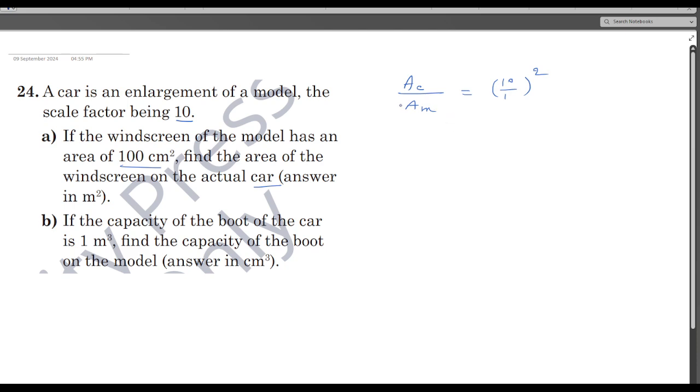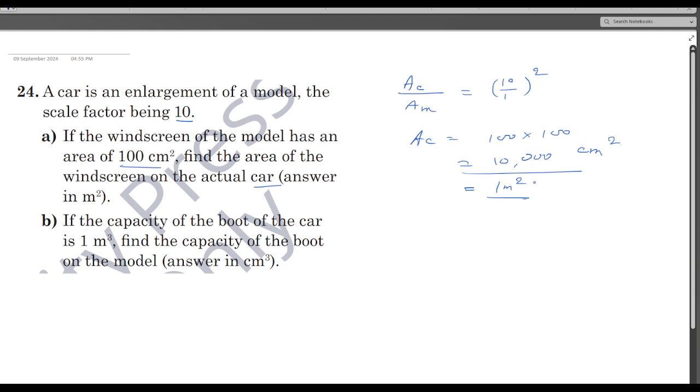Okay, linear scale factor is given 10. So area will be in the ratio of 10 divided by 1 square. Area of model is given 100. So your area of car will be 100 times area of model, which is 100. So this is 10,000. 10,000 centimeter square is the actual area. Now I have to convert it in meter square. So 100 centimeter is 1 meter. So I will say that 1 meter square.